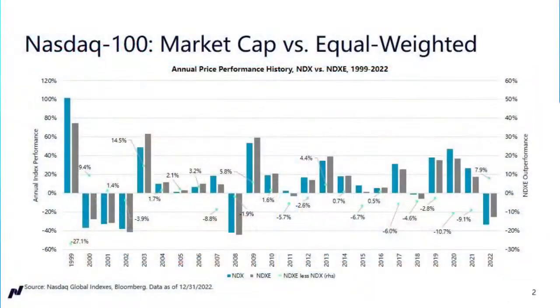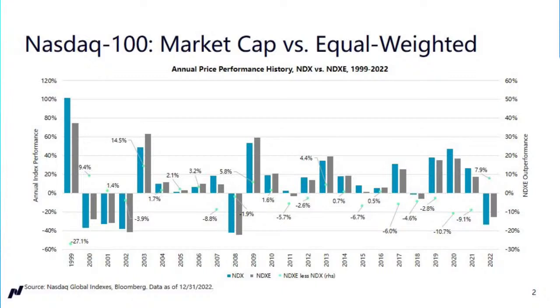Now, how about the difference that you see in the performance of the market cap weighted Nasdaq-100 and, of course, the equal weighted Nasdaq-100? What can you discern from there? A lot of people may not know that there is an equal weighted version of the Nasdaq-100. It is tracked by a couple of products here in the U.S. from the likes of First Trust and Direxion, with a little under 2 billion of AUM attached to those ETFs.